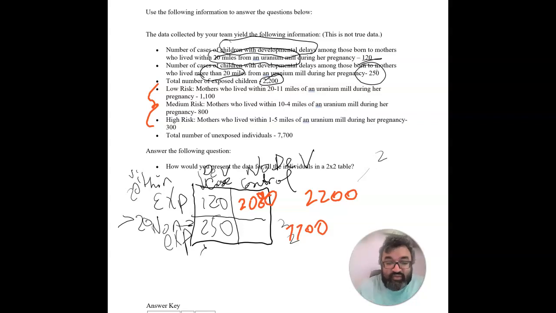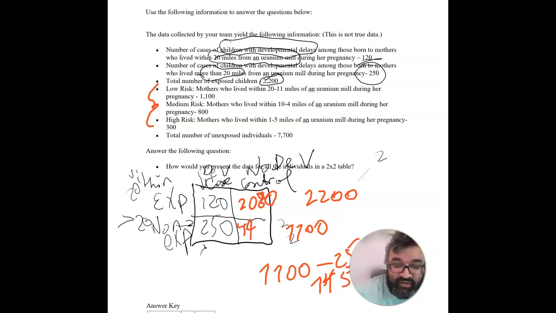So now all you do is subtract 7,700 minus 250. And when you subtract the two numbers, you get 7,450. So let's put 7,450 in here.